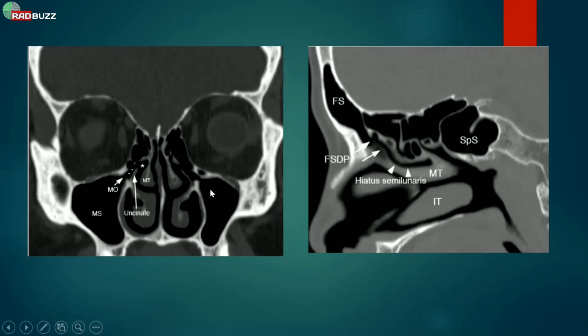So secretions will be retained over here, or any other pathology which is involving the ostium or ethmoid sinuses is going to block this outflow tract. So we have the maxillary sinus ostium itself, the infundibulum, the uncinate process, and the hiatus semilunaris. The hiatus semilunaris, we can see this is a long track here.